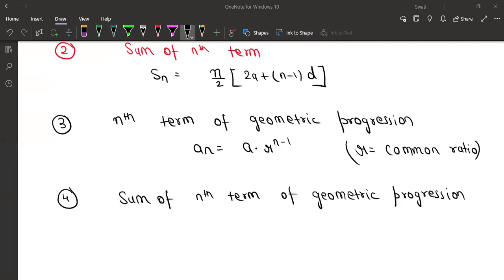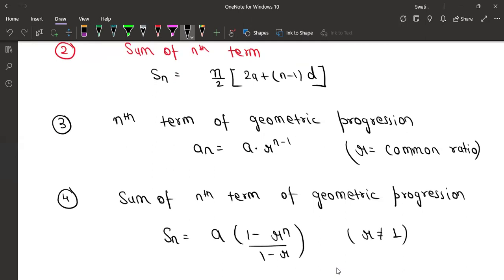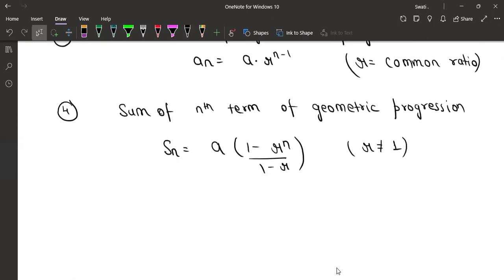For n terms, the formula is Sn is equal to a times 1 minus r raised to n, divided by 1 minus r. There is one more condition, that r can never be equal to 1, because then the denominator will become 0, and anything divided by 0 is undefined.